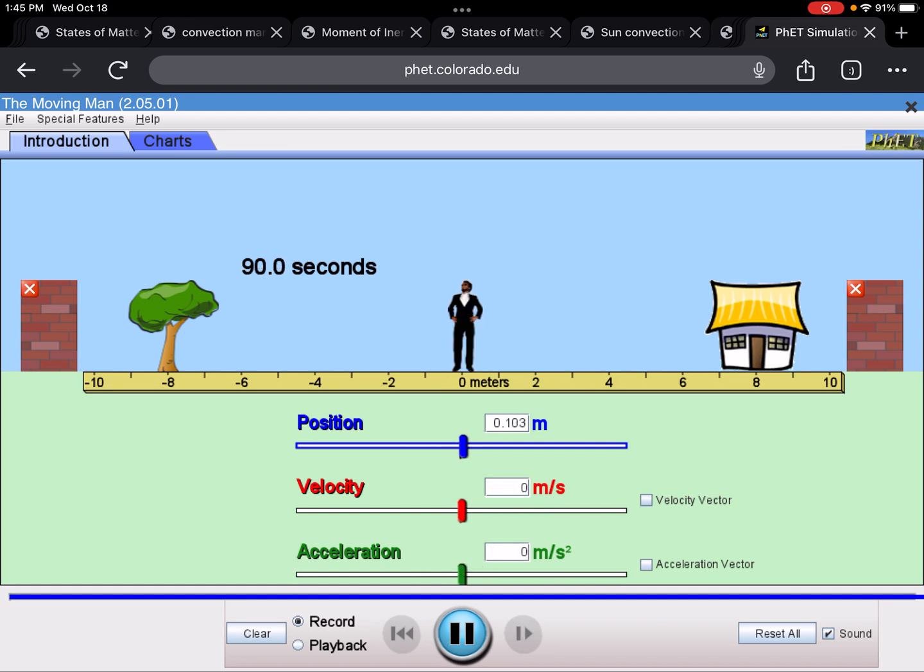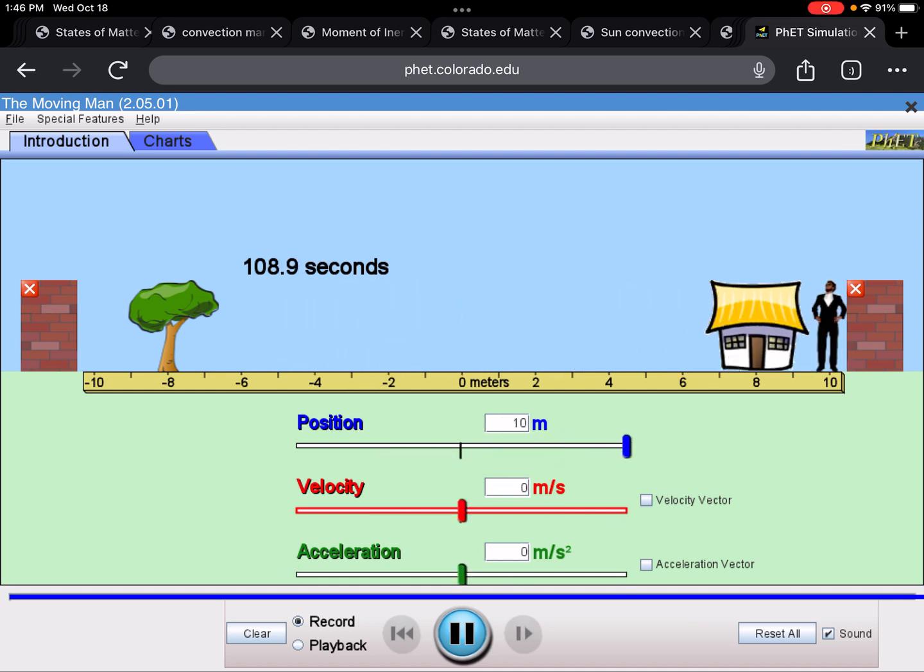Another thing you can do on the simulation is try dragging the position meter around. See what that does. Another thing you can do is try messing around with the velocity one. What happens when you do it in the positive direction or the negative direction?